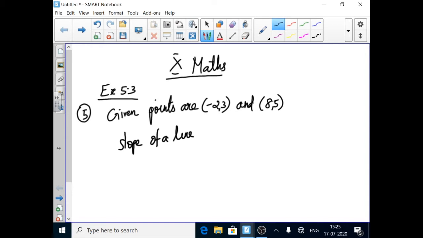Slope of a line, if 2 points are given, what is the formula for that? That is (y2 - y1) divided by (x2 - x1). So here we consider the points (x1, y1) and (x2, y2). Okay.